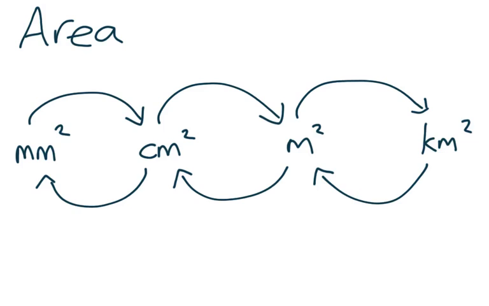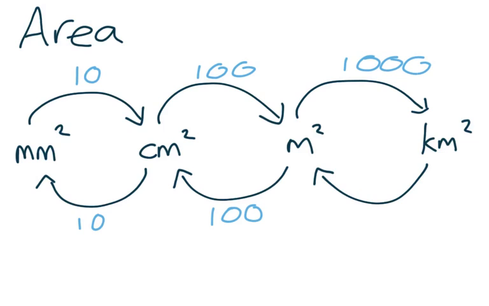Area is a little bit different because you've got to consider 2 dimensions now because you have to change both sides. Say we're finding the area of a square. And you need to change both dimensions, which means because there's a squared involved, the numbers here are the same. So these are 10, this one's 100, and this one's 1,000.